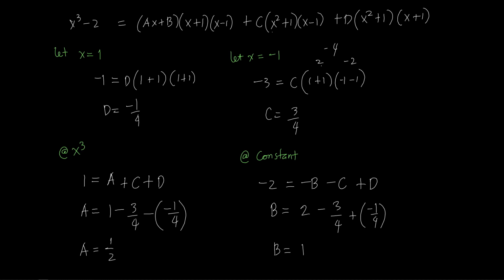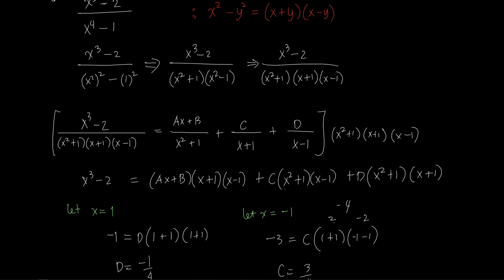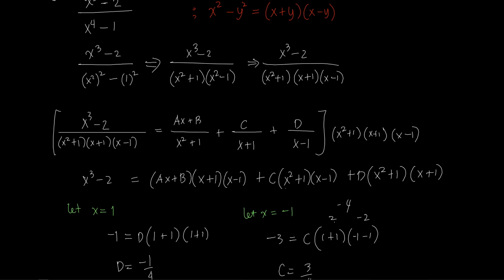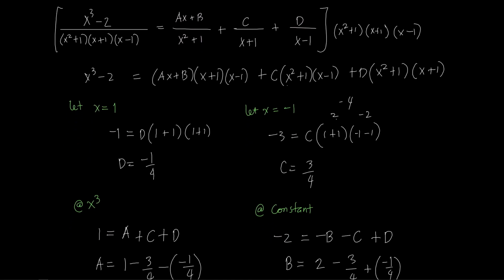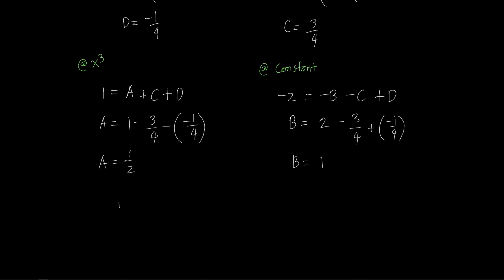Okay. Then, we will now plug in our values into the decomposition. Let's plug in our values. Okay, so we have ax plus b. Our a is 1/2. So we have 1/2 x plus b is 1 over x squared plus 1 plus, what is next?